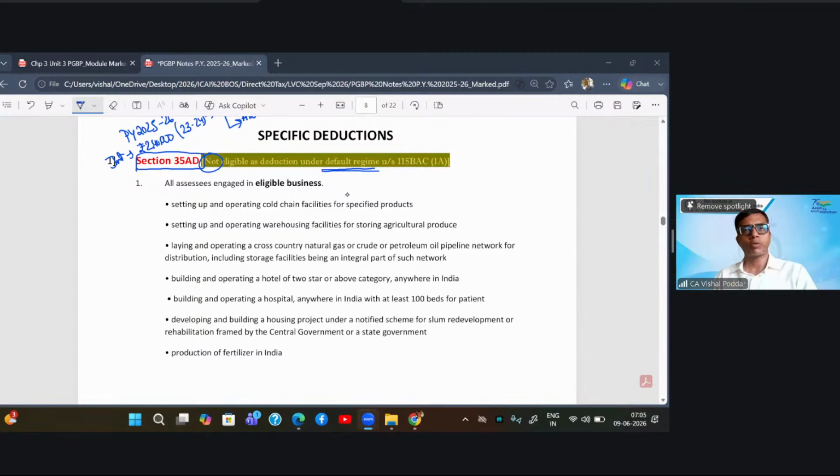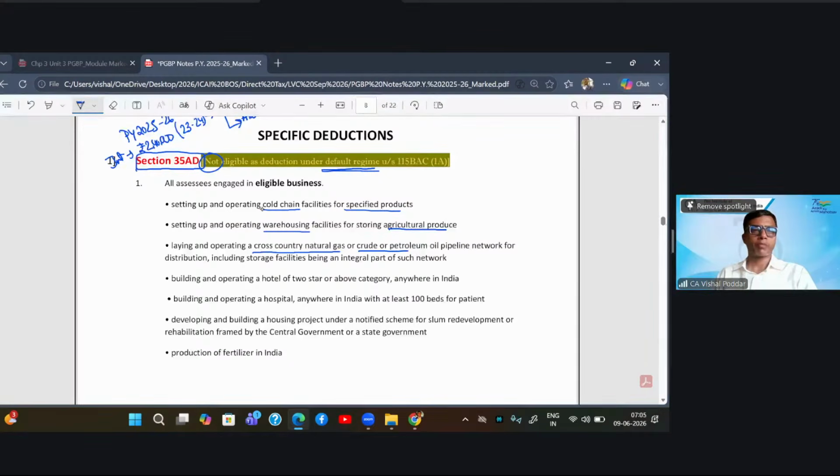So they have listed out some specified businesses. First, you are running cold chain facilities for some specified products. Second, you are running a warehouse for storing agricultural products. Next, a cross-country natural gas or crude petroleum pipeline. Today this is a buzz because of this hormones problem, where we are trying to set up a dedicated cross-country pipeline for transport of crude oil and natural gas.